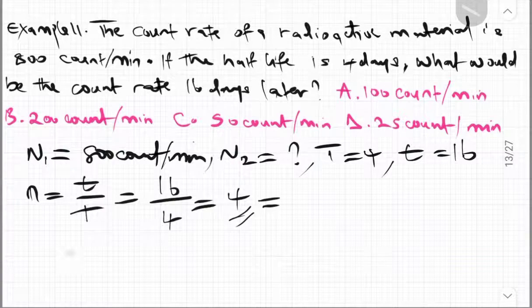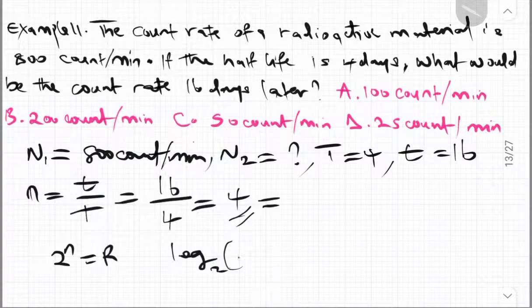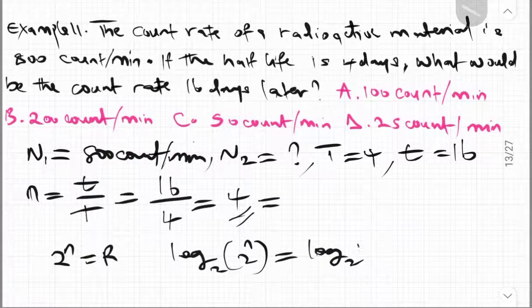Since 2 to the n is actually r, if we take the logarithm base 2 of both sides, n comes down here.